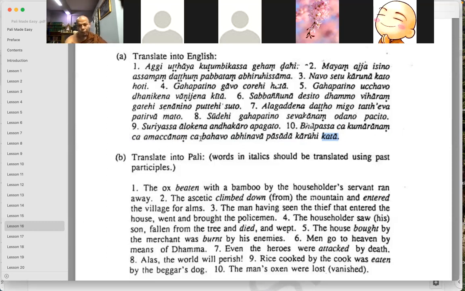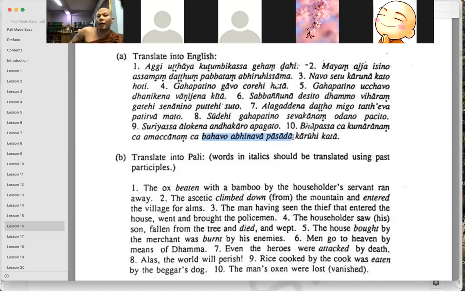Bahavo also, Bahu, the same as Garu, Garavo; Bahu, Bahavo. That one also is nominative case plural. And Abhinawa also, like Buddha, nominative case plural. And Basada, like Buddha. So there are three words together, but the last one will be the noun. The former ones will be modifiers, that is before a noun.